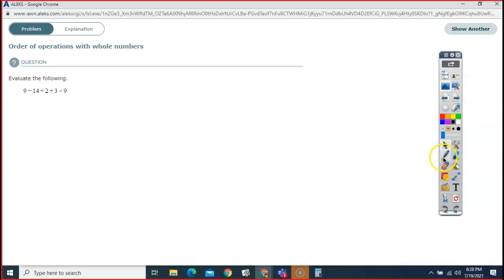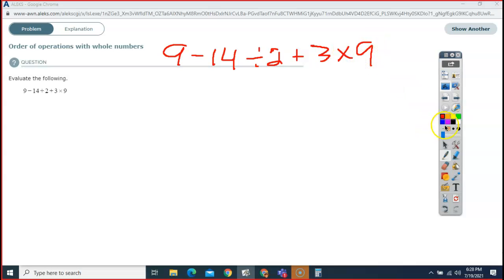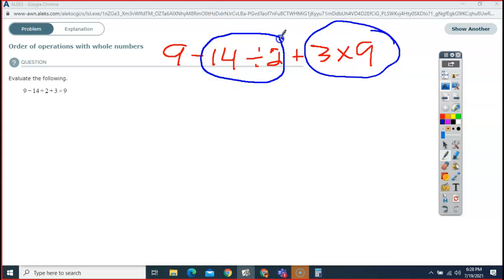Okay, here we go. So we have 9 minus 14 divided by 2 plus 3 times 9. This and this have to be worked first.